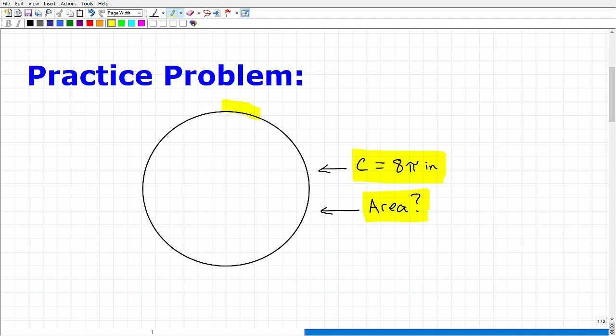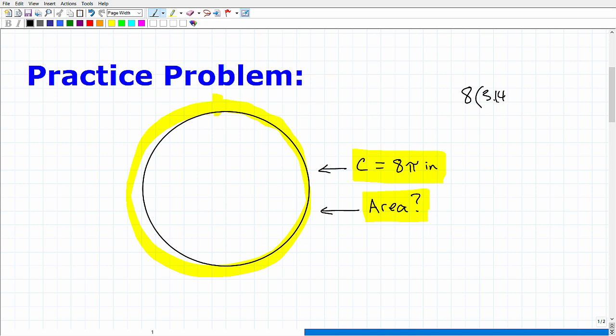The circumference is the distance around the circle. So we have to be very careful in mathematics when we're talking about units of measure. Here inches is a unit of measure. So the distance around this particular circle, I'm telling you, is 8 pi inches. Now, of course, everyone should know what this pi value is, and you can estimate that as being 8 times 3.14.